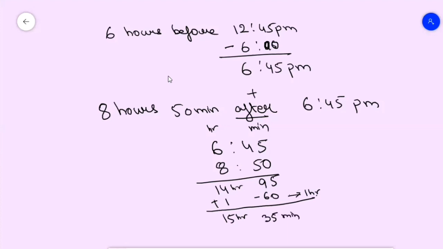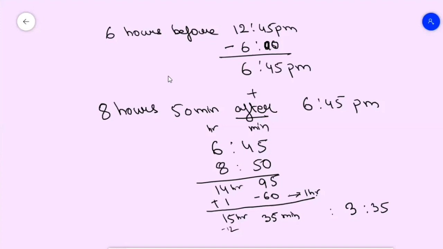So 15 hours 35 minutes you can write as a 24-hour clock, or if you want to write it as a normal 12-hour clock, you just subtract 12. Then it will be 3:35, so 3 hours 35 minutes. Clear? 15 hours 35 minutes is also correct.